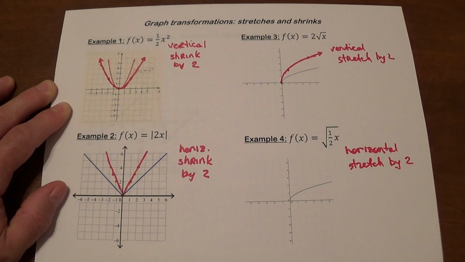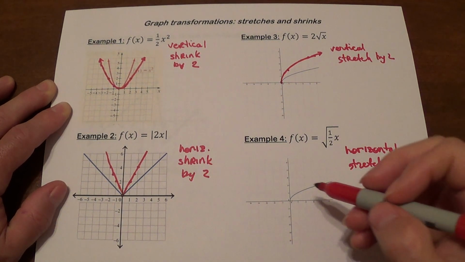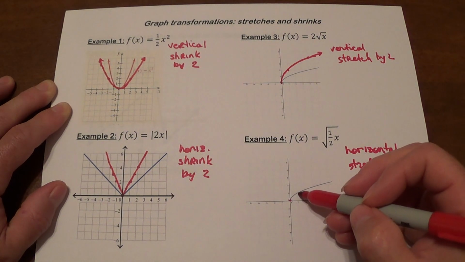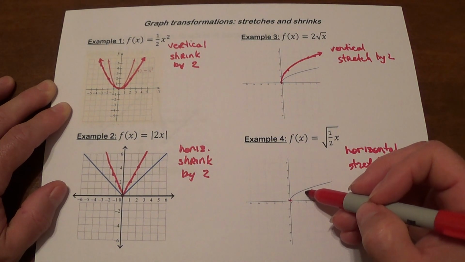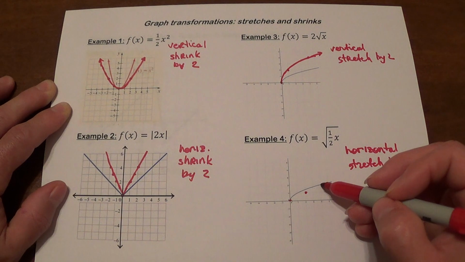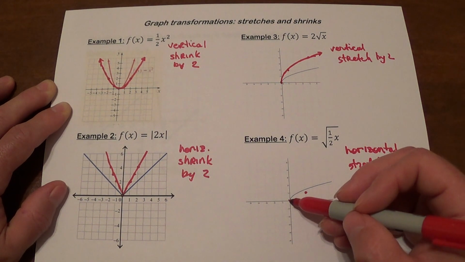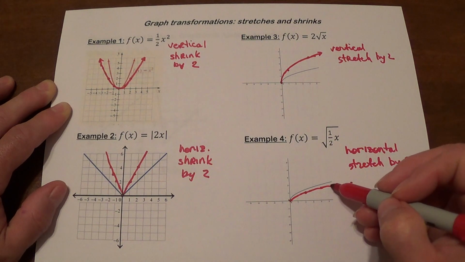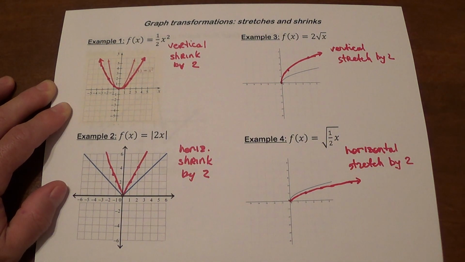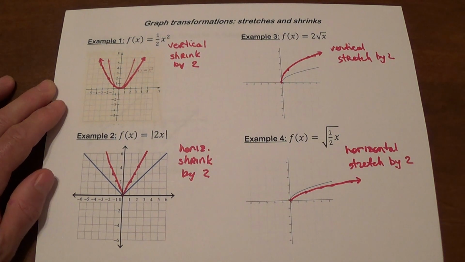So every horizontal value is going to be doubled. (0, 0) stays there. This 1 is going to become 2, and this 4 is going to become 8, which you don't quite see. So our graph is going to be stretched horizontally like that.